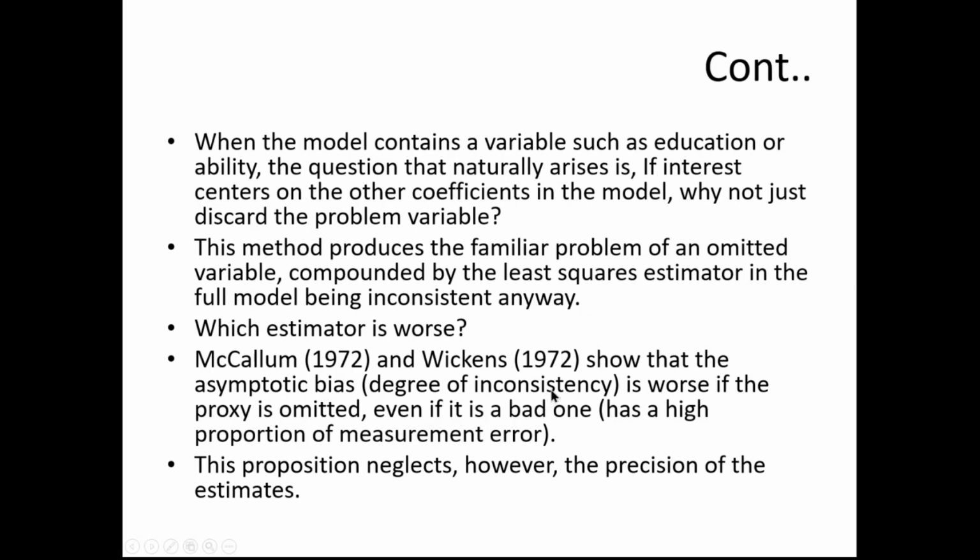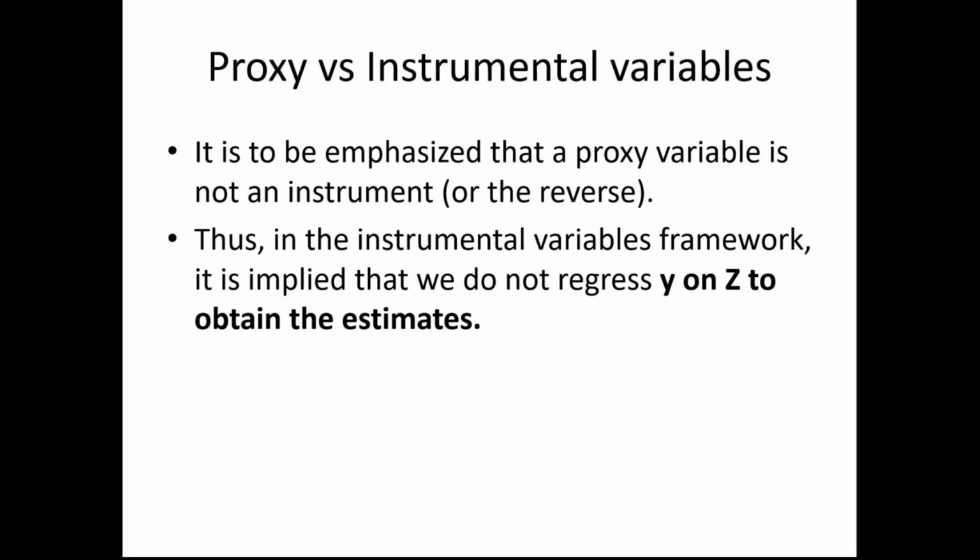So when the model contains such a variable, there is a specific case. Then we have a concept called a proxy or an instrumental variable. Instrumental variables are part and parcel of simultaneous equations. A proxy variable is something that you use in place of some other variable. It must be emphasized that a proxy variable is not an instrumental variable.